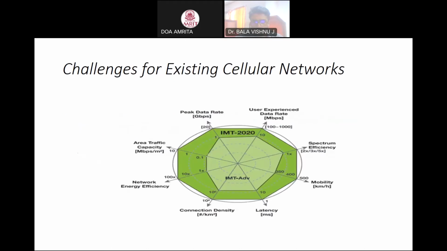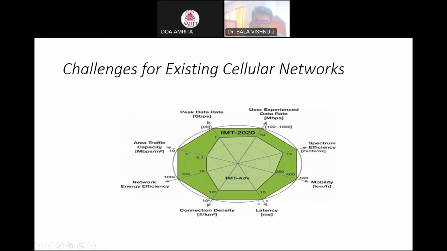So overall, comparing IMT Advanced, which is LTE, the fourth generation, and IMT 2020, which is the fifth generation, there are differences which have been given by the ITU.